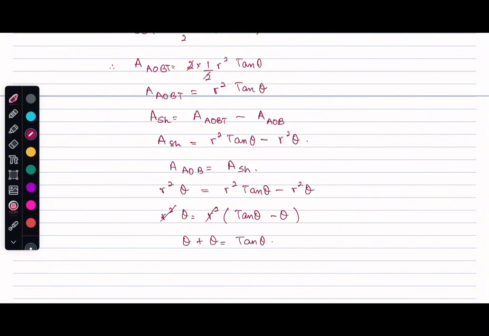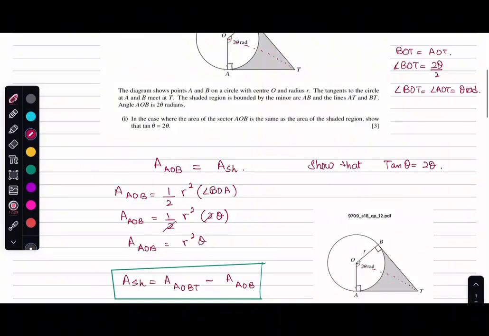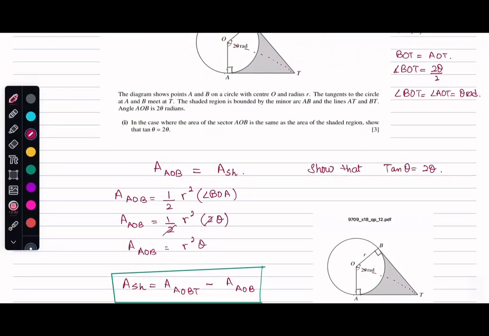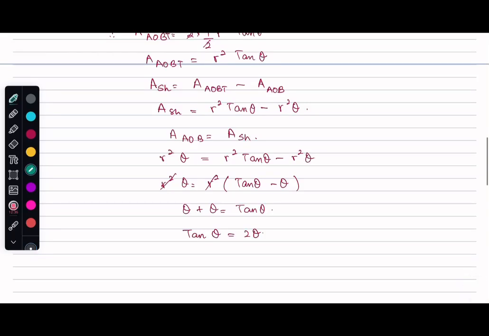So tan theta shall be equal to 2 theta. And this is what the question asked us to show, that tan theta should be equal to 2 theta, and this is what we have shown.